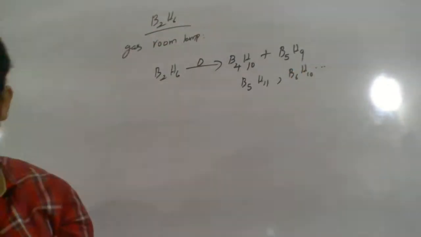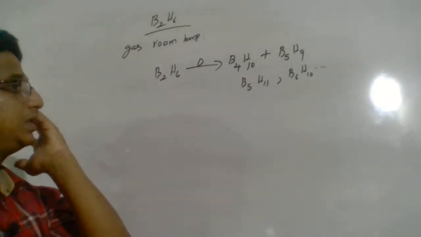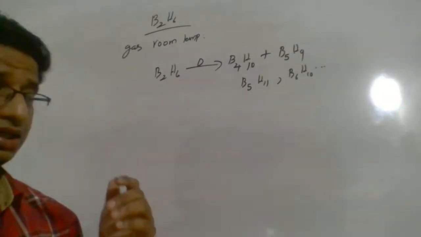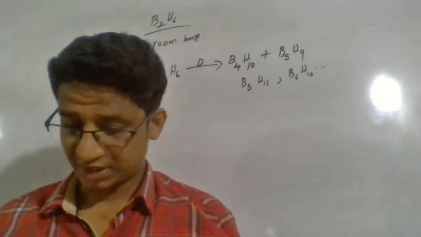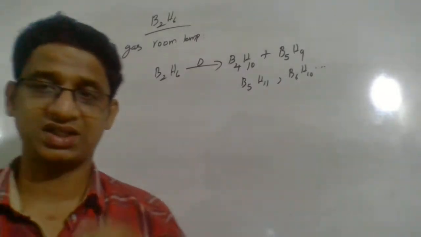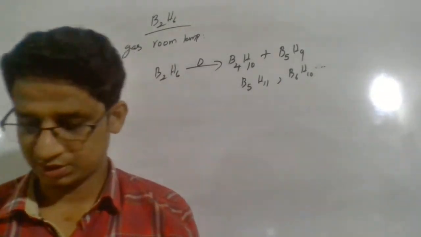So when diborane is heated at higher temperature, it converts into higher boranes. That's one of the properties of diborane. It is reasonably stable at room temperature, but decomposes at higher temperature.